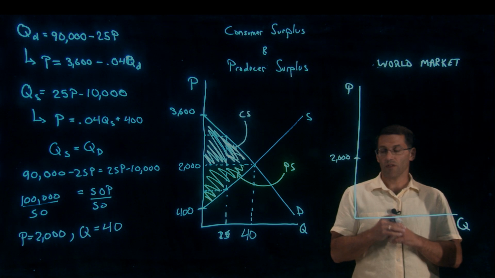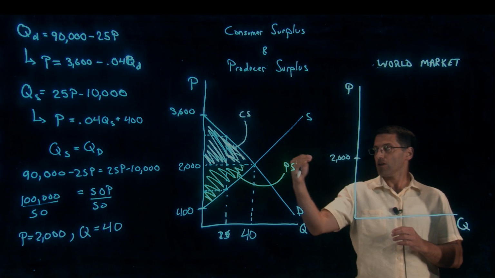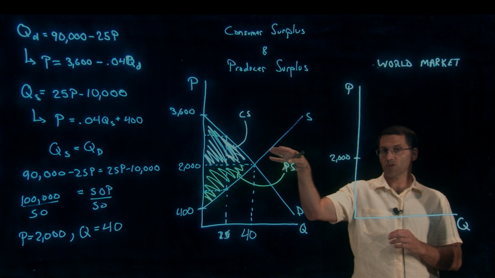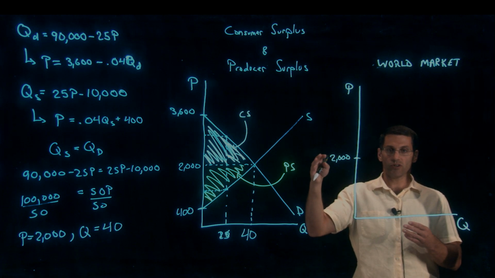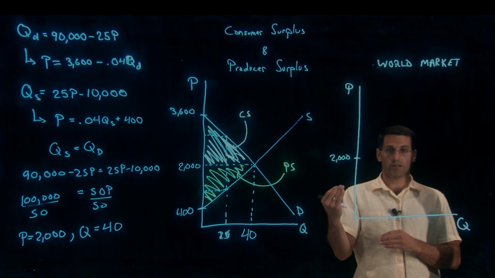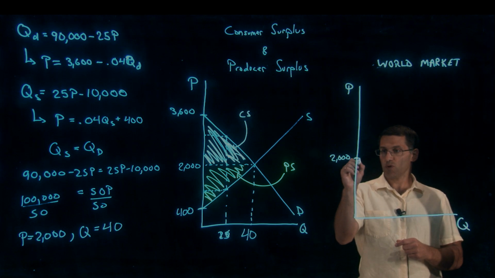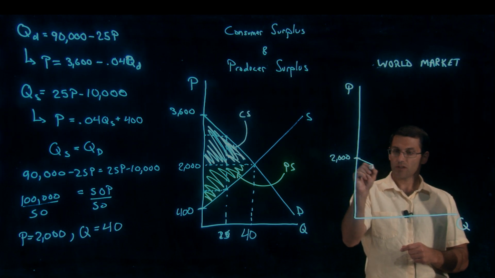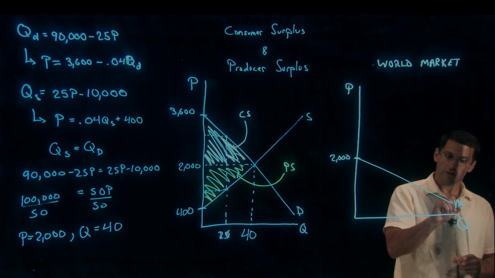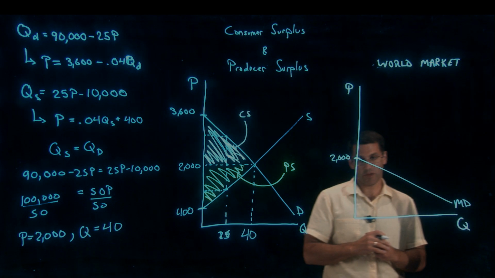So what does that mean? Well, that means that consumers in the home country are only going to start to buy foreign goods if the price is below that. And if the price was above 2,000, you'd actually be an exporter. So the import demand curve starts at 2,000 and is downward sloping from there.